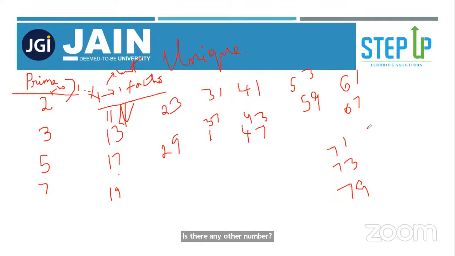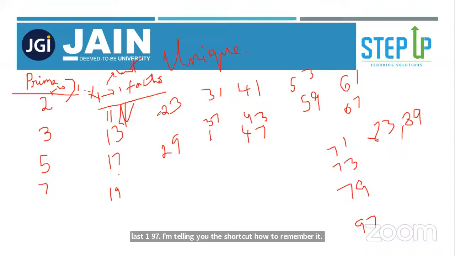Okay. 83, 89. 85, no. Next, last one, 97.